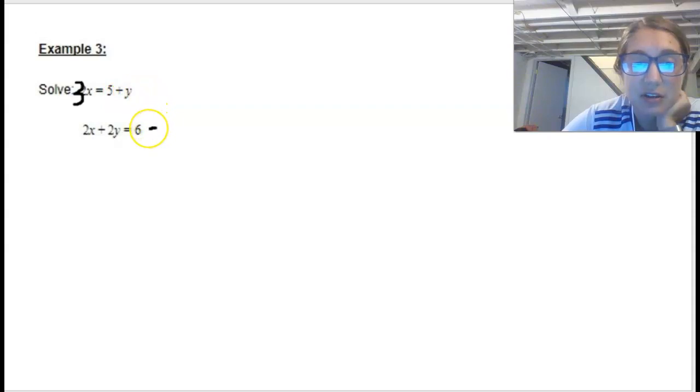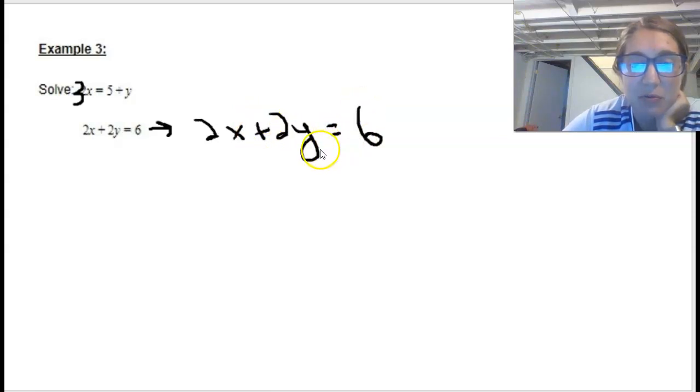The second one is in standard form, so I can rewrite that. So remember, standard form is ax plus by equals c. This one I need to move my y to the other side.